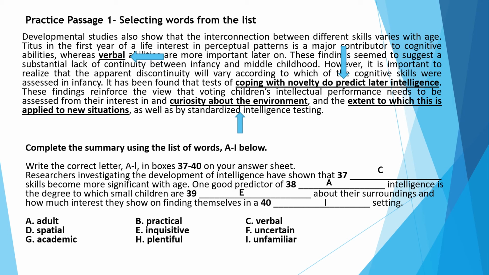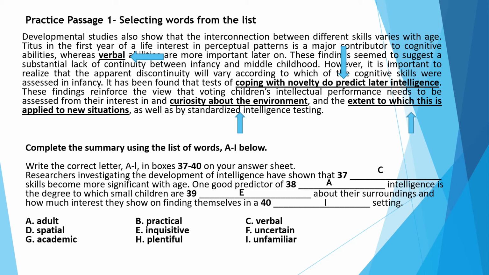So the answer is unfamiliar, and it's in the last line, and it says, and the extent to which this is applied to new situations. So which means that because it's applying to new situations, it has never been applied before, so it's an unfamiliar situation.